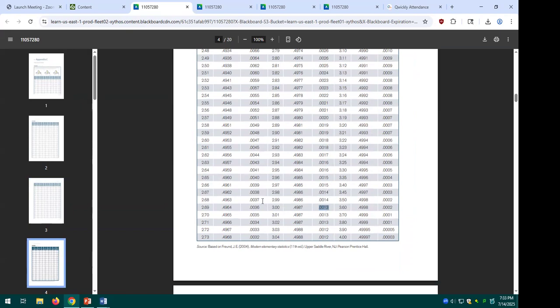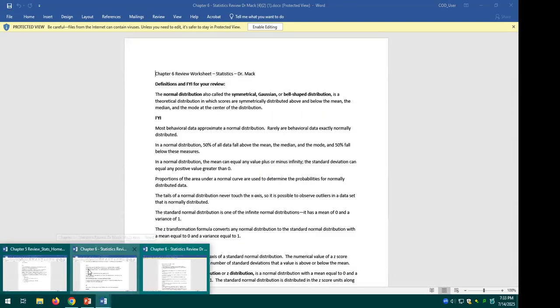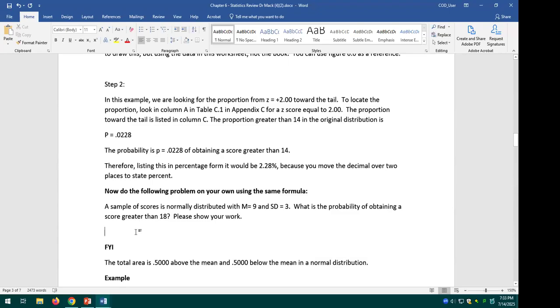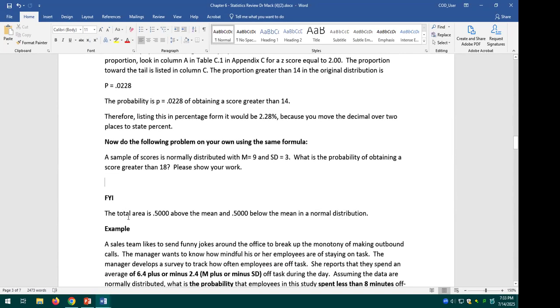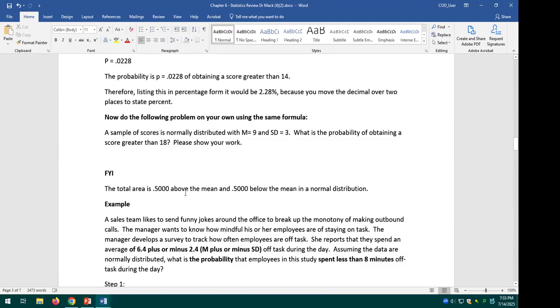We're looking up, which means it would be 0.0013, or 0.13% if we were to make it a percent. And the total area is 0.500 above the mean and 0.500 below the mean.